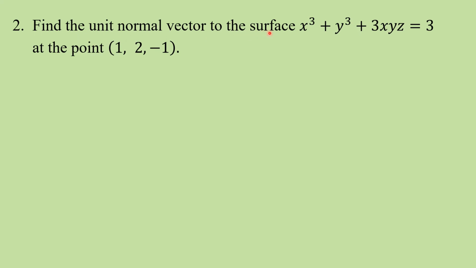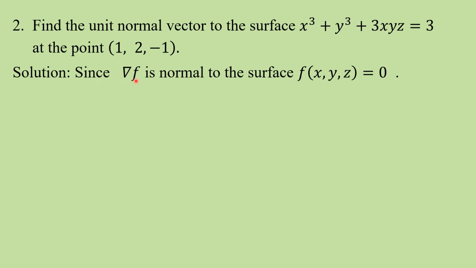As all of you know now, the physical interpretation of grad f is nothing but the normal vector to the surface. So I can write, since del f is normal to the surface f of x, y, z equal to 0, where f of x, y, z is x cube plus y cube plus 3xyz minus 3.